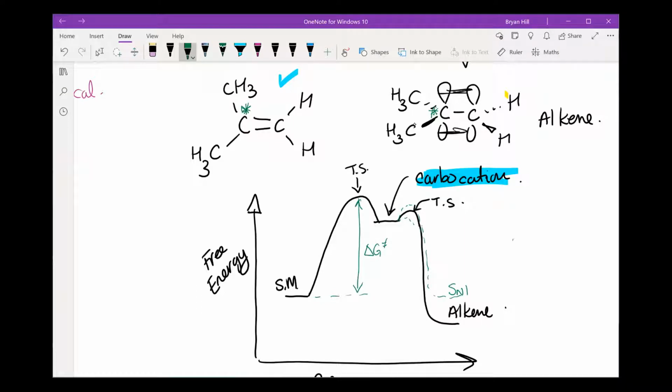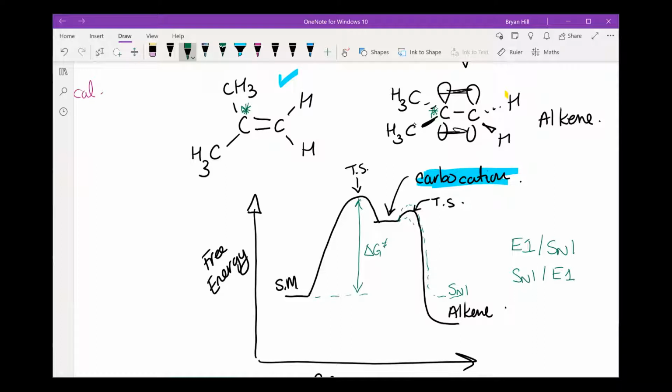So often E1 eliminations take place and some of the side product will be SN1 products, or sometimes the SN1 product will be the major product and the E1 product would be a side product in that reaction. So they really go hand in hand because the very first step is exactly the same. They would both form exactly the same carbocation.